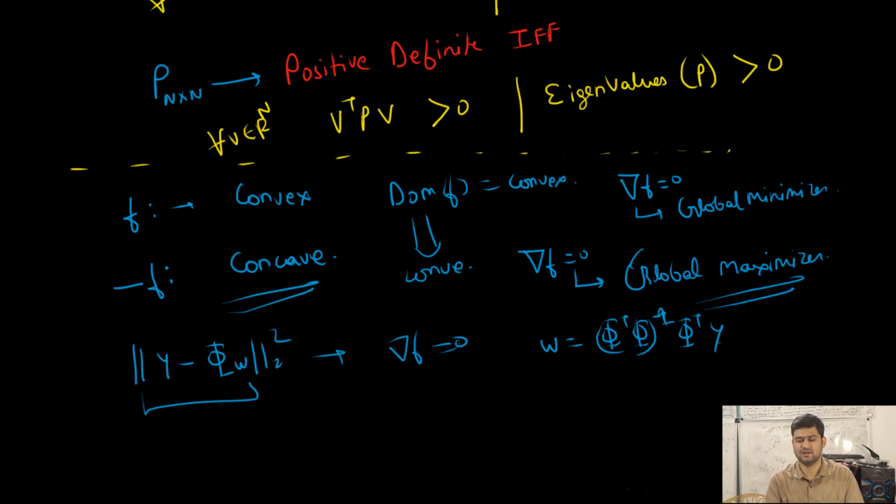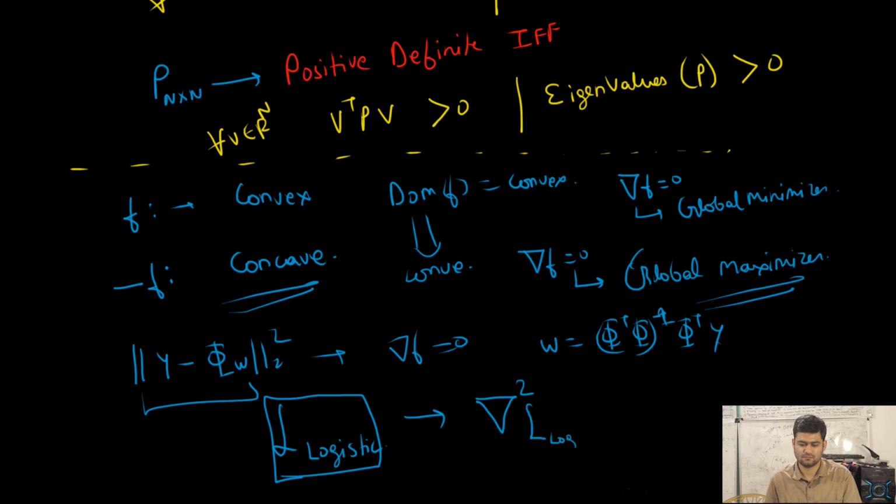We maximize the log of the likelihood, because it turns out that the log of the likelihood is a concave function, and you can prove it very easily by taking the objective function of the logistic regression. If you take the double derivative of the objective function of the logistic regression, it will turn out that the second derivative is negative, which means it's a concave function.